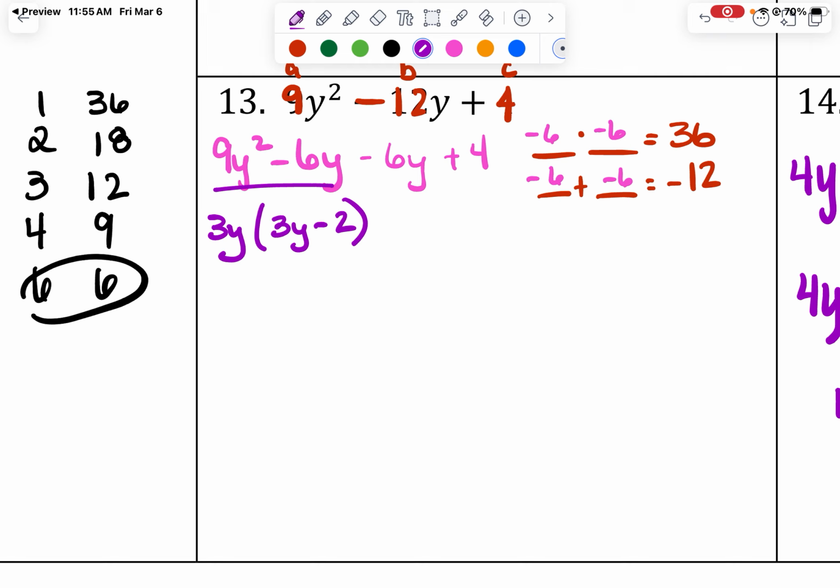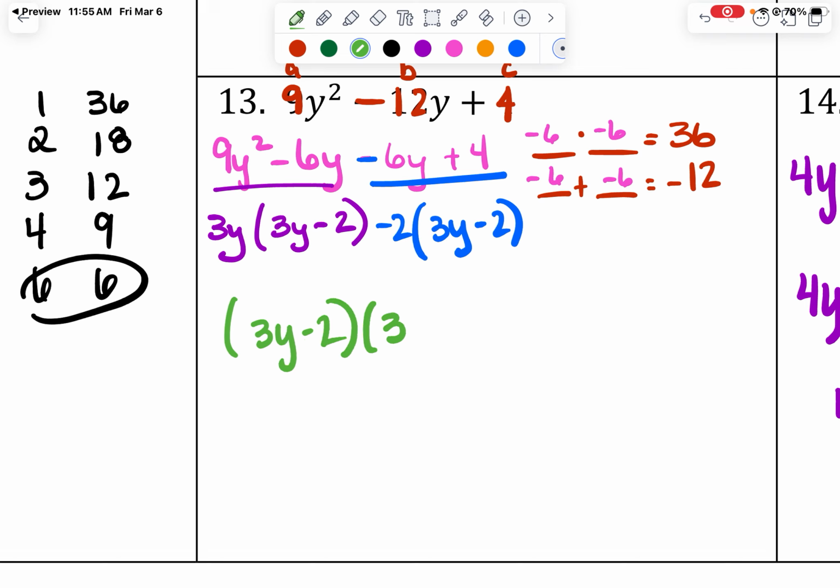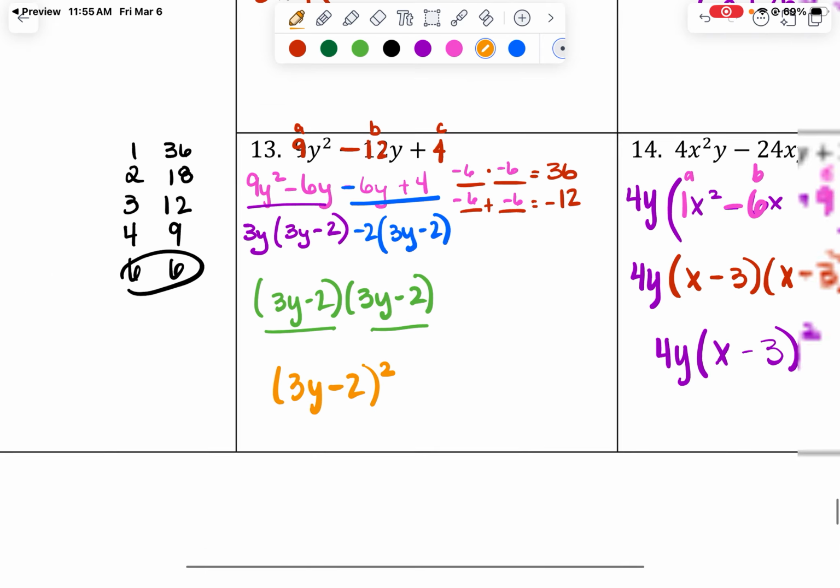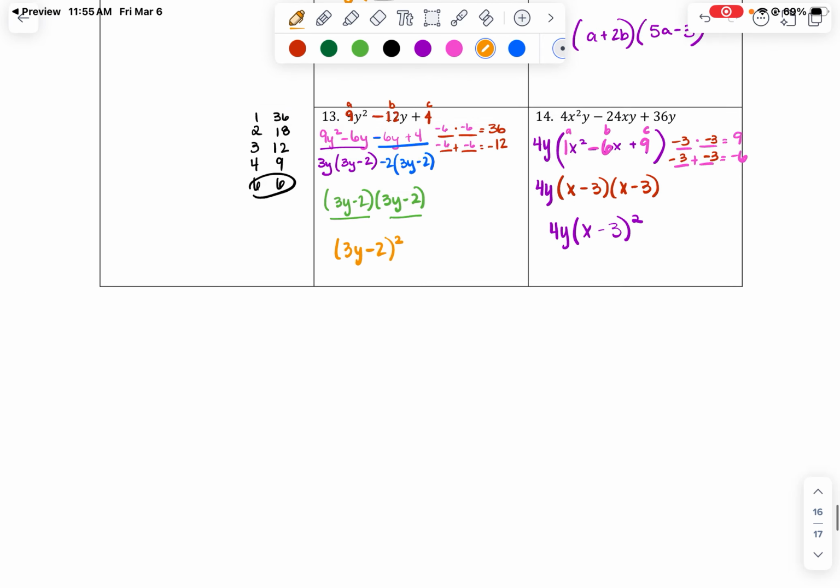Our GCF for the second two is going to be negative 2 because our first term is negative, so we pull that out and it leaves us with 3y minus 2. The part that is the same is 3y minus 2. The part that's left over is also 3y minus 2. And when you have the same thing being multiplied by itself, that is the same thing as saying 3y minus 2 squared. And that is all of our mixed factoring questions.